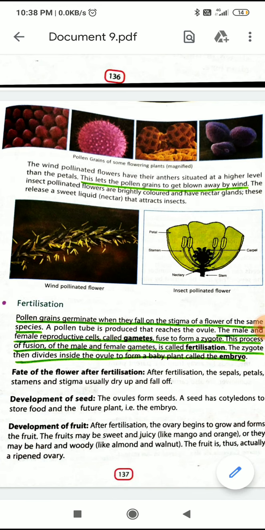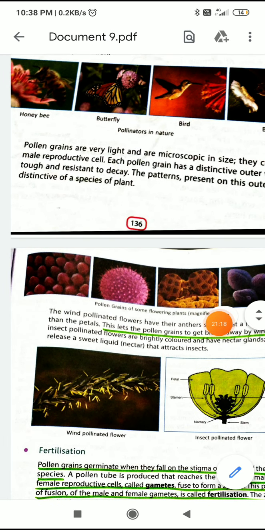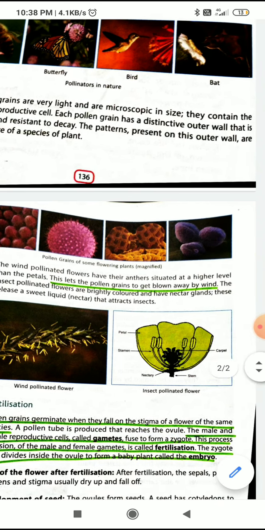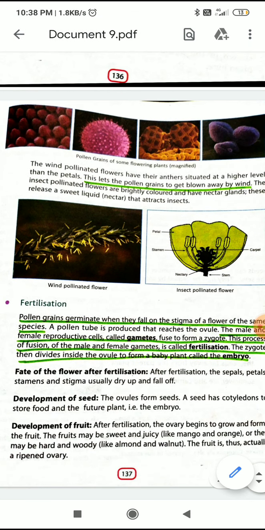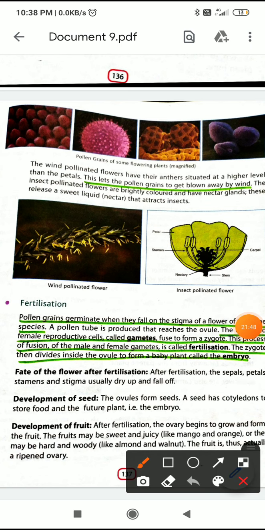Just now I discussed that the stigma is sticky in nature, and pollen grains that are attached on this stigma start to germinate. That's why it is showing to you.